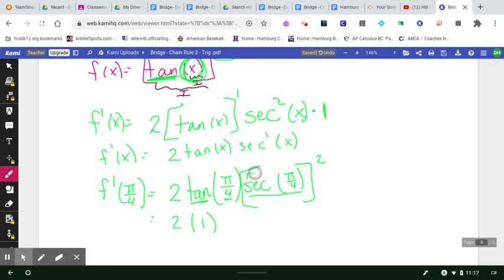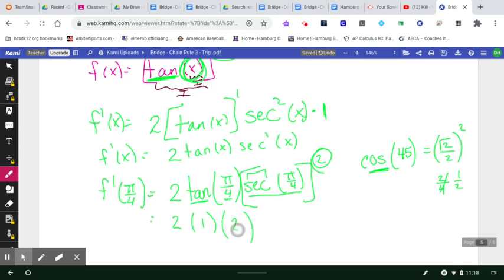Secant, if I flip the order of that S and C, really goes with cosine. So I want you to think of the cosine of 45. It happens to be the same as sine of 45, which is radical 2 over 2. I have to square it because it's squared. When I square a square root, they just cancel. So I get 2/4, which is equivalent to 1/2. So that's the cosine, but I needed secant, so I need to flip that, and I'm going to call that really 2. So I would say my slope is 4.